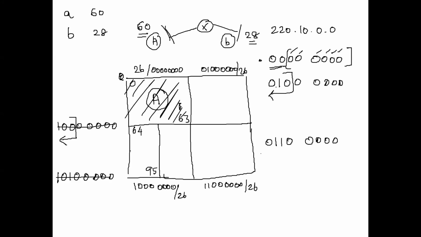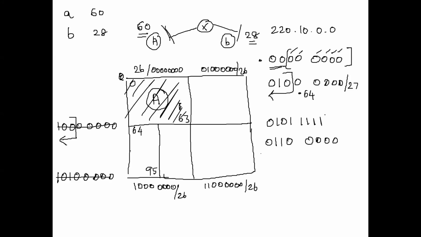Now the first IP, if I convert this into decimal, is dot 64. The new mask will be /27 because I have borrowed one more bit. And what will be the last IP? 0 1 0 1 1 1 1 1. Put all the host portion as 1, and that will be the broadcast IP.